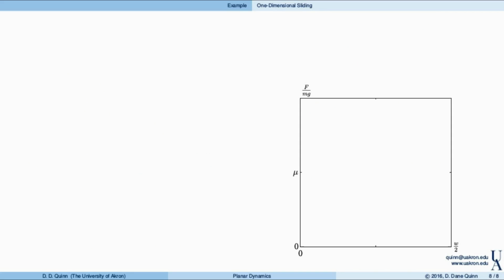Okay, so we've done the case where d minus h was positive, but what happens if the force is applied below the mass center of the block? That's a little more complicated because now either N1 or N2 could vanish. So recall what those look like.